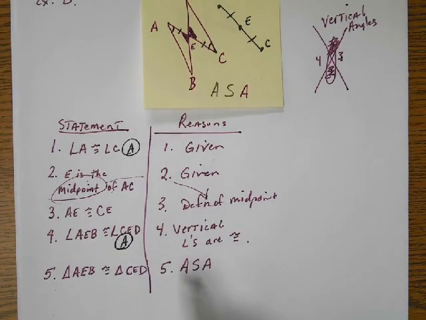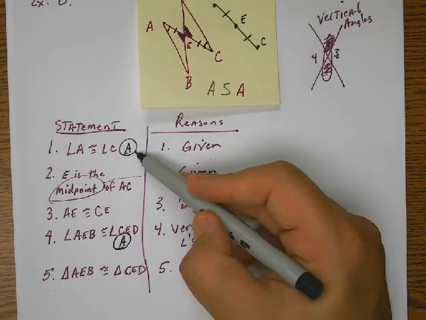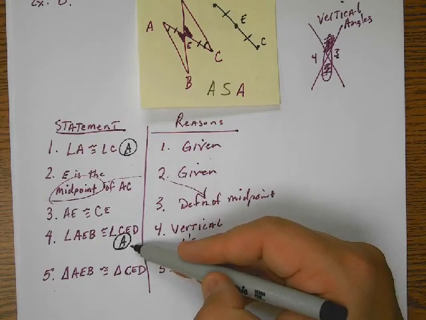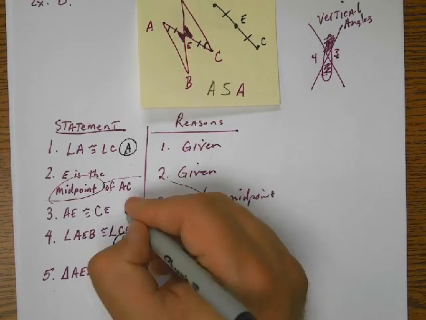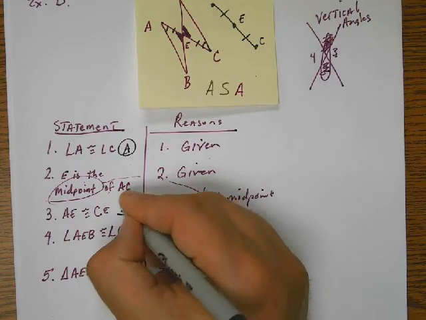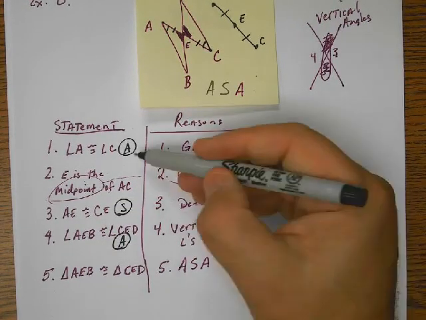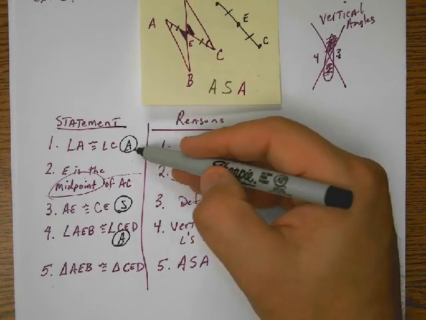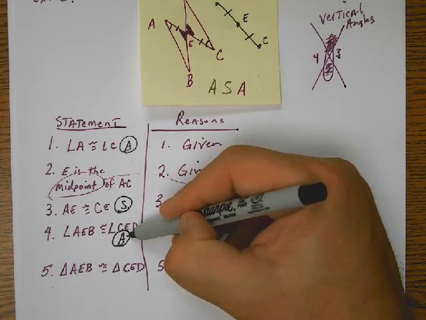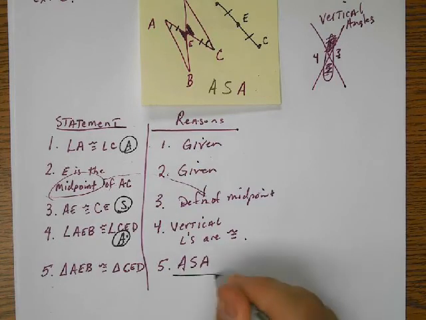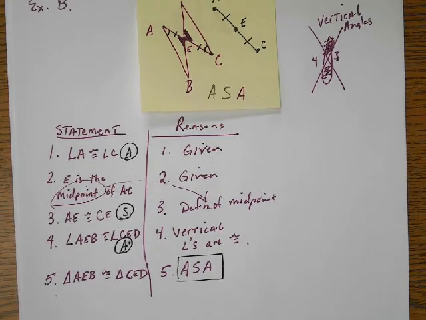Angle AEB, the vertical angles. So I had given angle and then I had the vertical angles congruent. And then the S was right here. Why was the S? Because of definition of midpoint. So do you see that in my statement, I've got angle, side, angle? Therefore, I now can say and use that as a reason. That makes sense? It just kind of works its way right through.